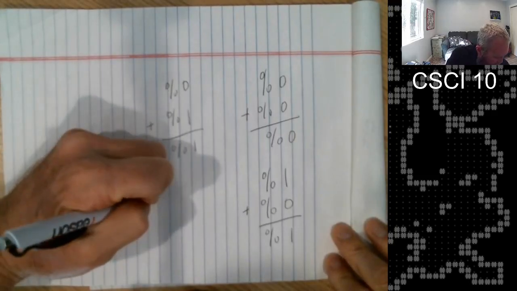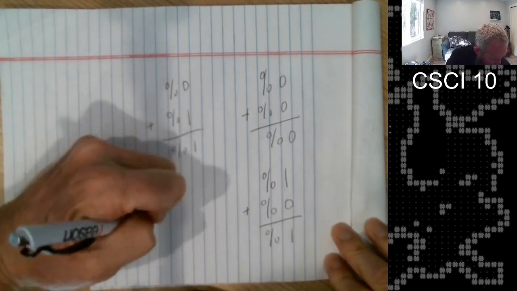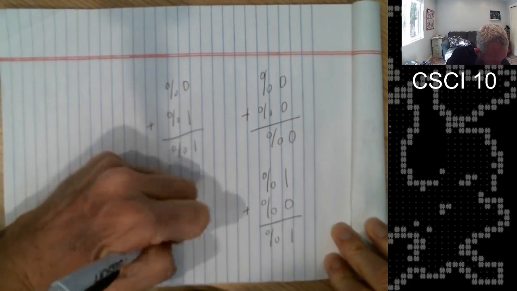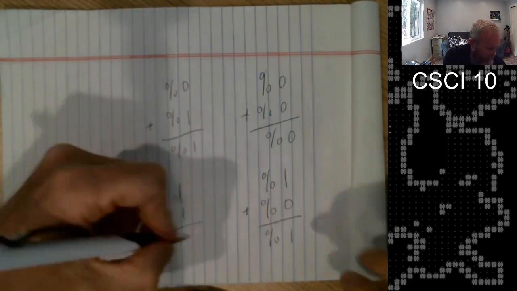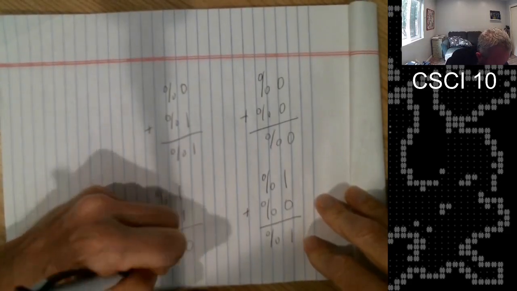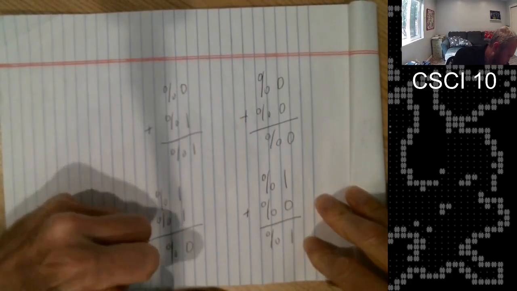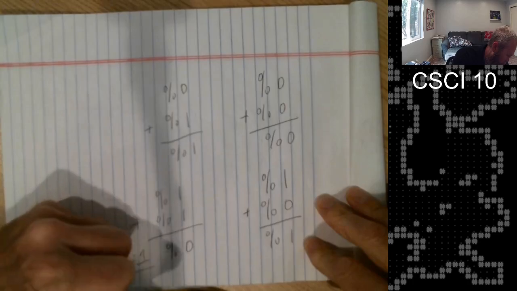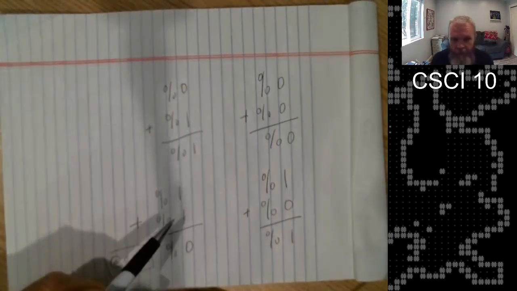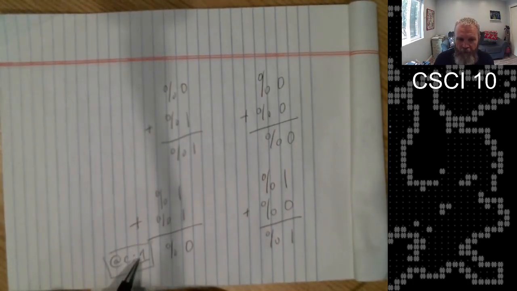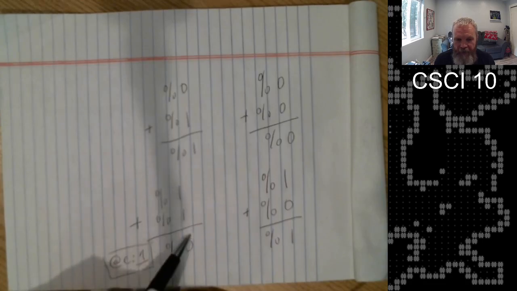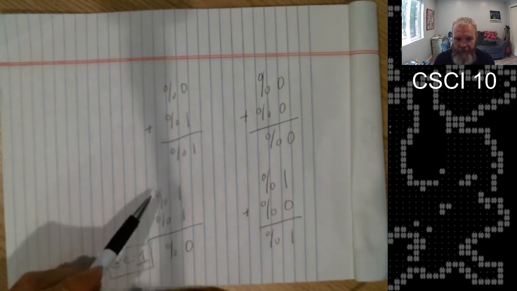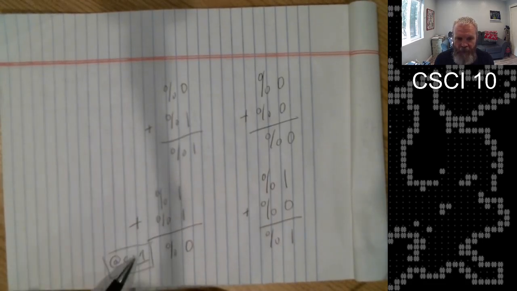And then finally the special one: 1 plus 1 is actually 2, but what we end up writing down is 0 and it carries. So if I'm only using 1 bit to represent the result, then my result of adding 1 and 1 would be 0 and a carry.